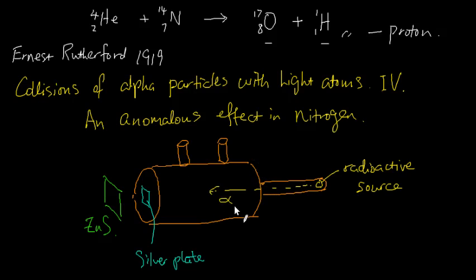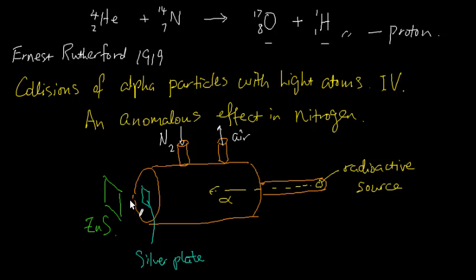Now this cylinder is at first evacuated, so you suck air out to make a vacuum, and then nitrogen gas is let in. So then I guess Rutherford probably shut his window so that the room is dark, and he started his observation.